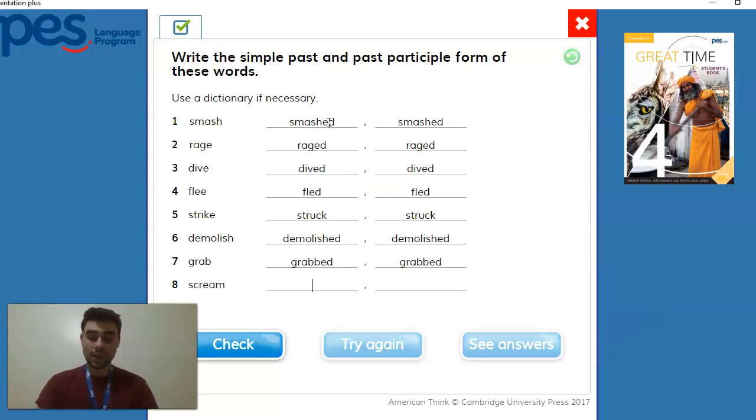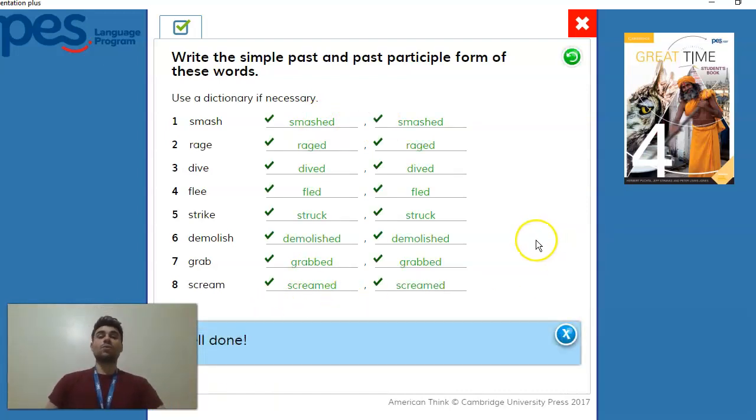Grabbed, and the verb scream, which is also a regular verb. Screamed. All right. So let's check if the forms are correct. Well done, guys. Okay. So let's just take a look at the meaning of each of those verbs, right?